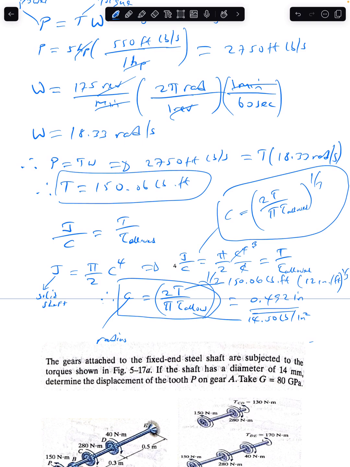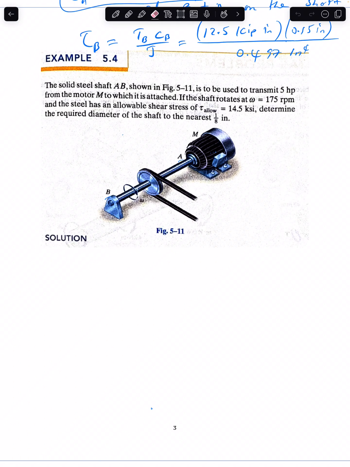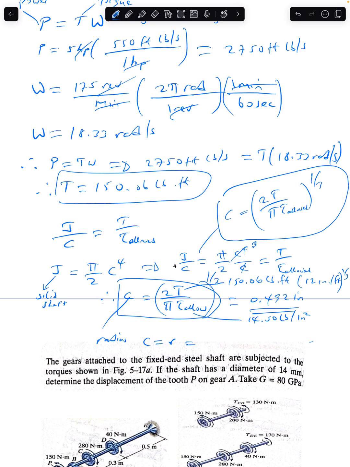So C is the radius. But we know that what is radius relating to diameter? Diameter is equal to 2 times radius, and therefore I'll multiply 2 times this value, which is 0.492 inch, and I'll have 0.8584.